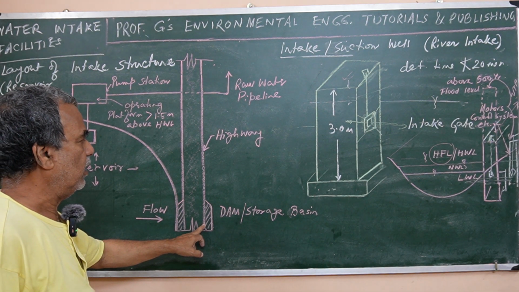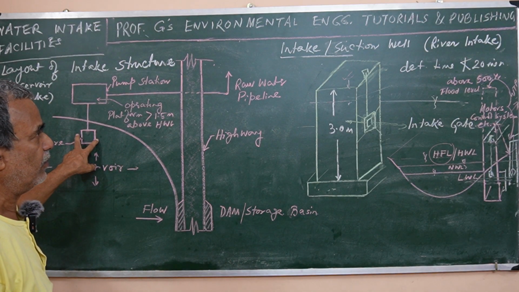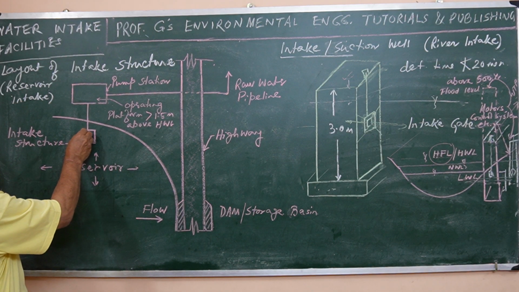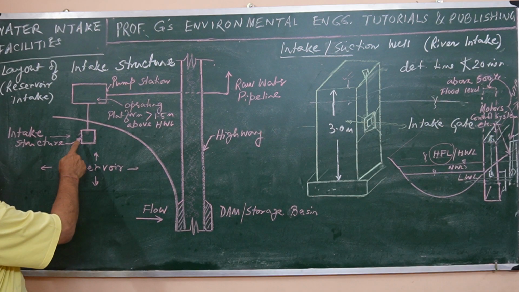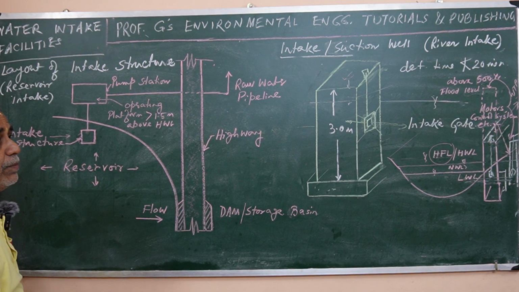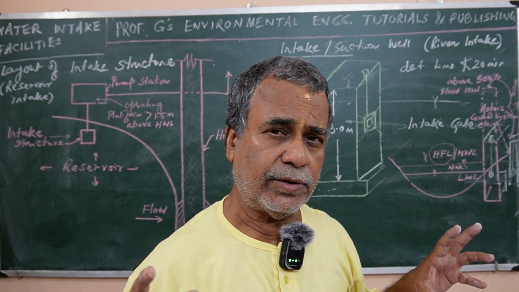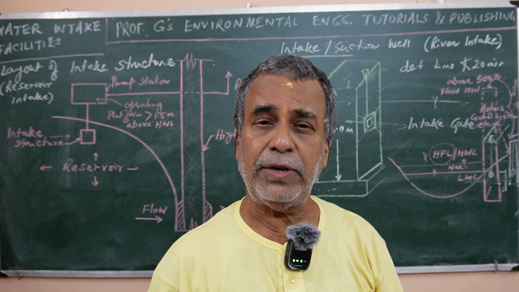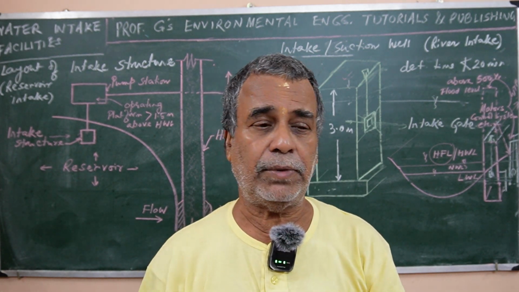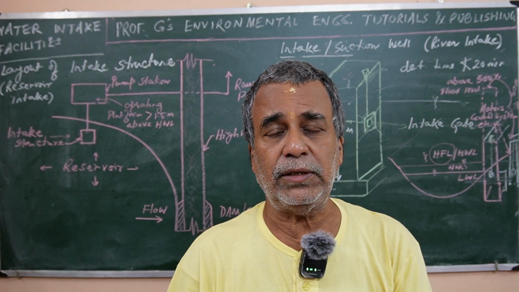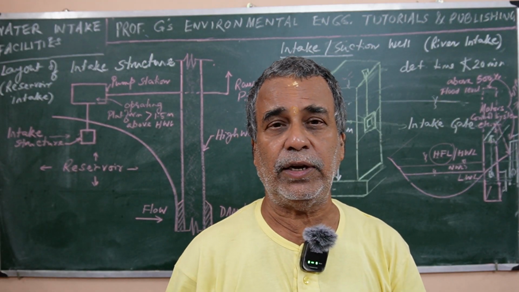Then the intake here, you understand from this. The face where the flow is occurring in this direction is normally avoided, because of the high velocity the intake structure may be damaged. Intake structure means the intake ports, cover and all these, and also unwanted materials like fish may enter. This is a troubling element in intake also.